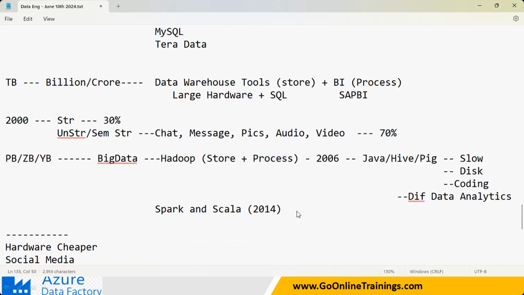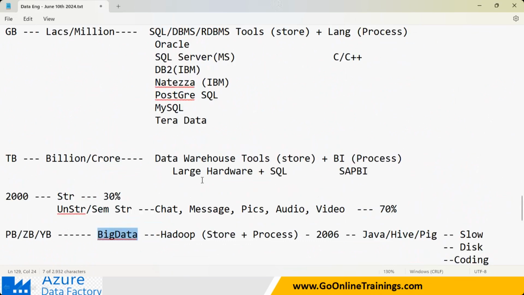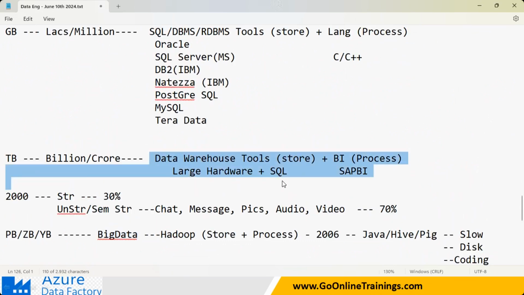It is 30 times faster than your Hadoop system to handle big data. Big data means more amount of what? More amount of unstructured data and semi-structured data. Remember that point forever. Less amount of structured data. For the structured data, anyhow you have a data warehouse.